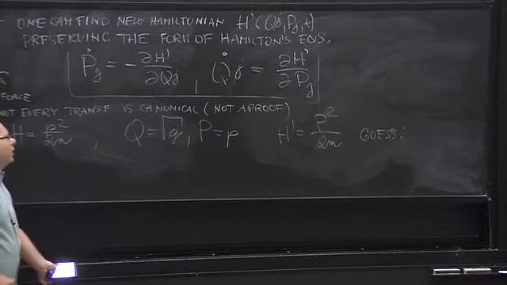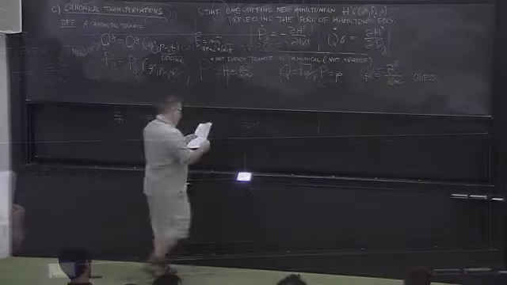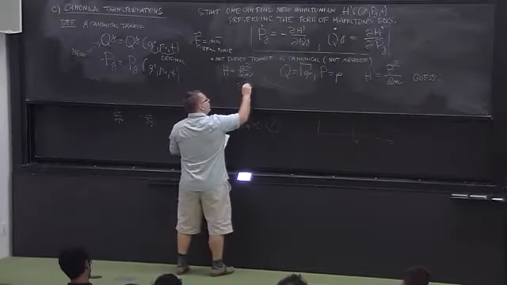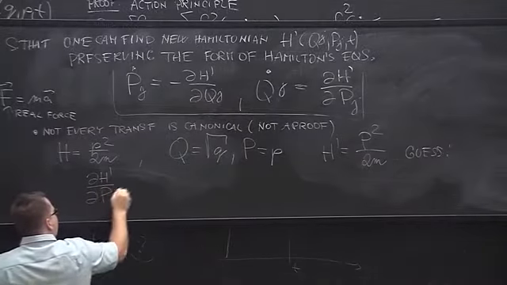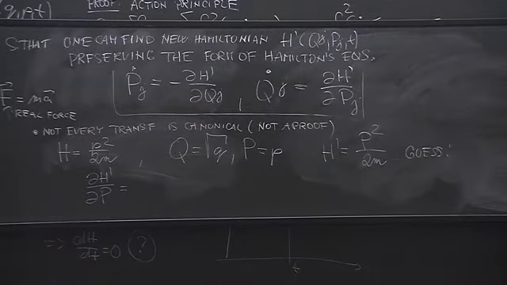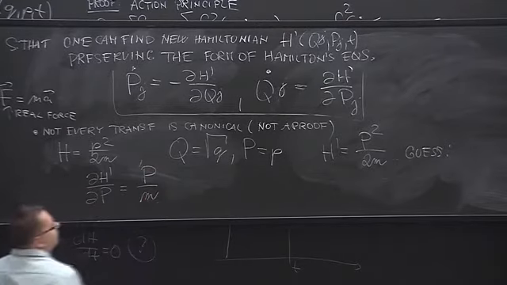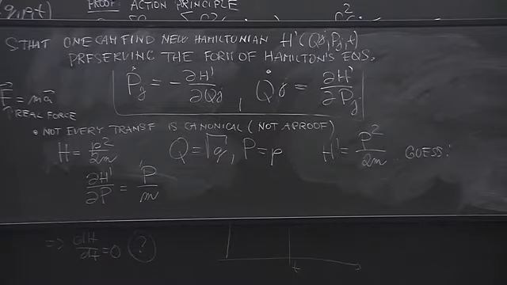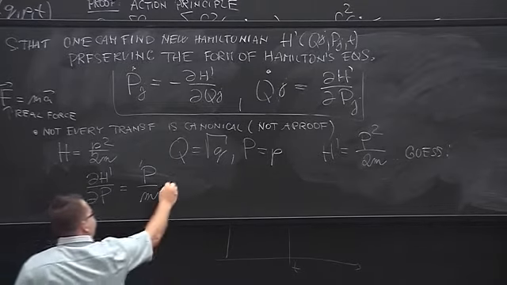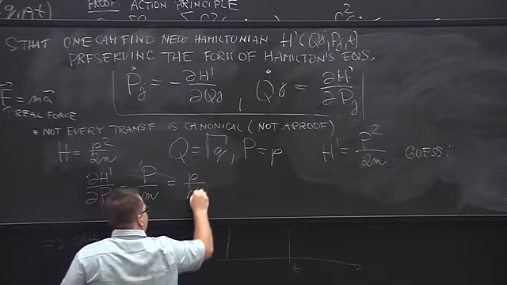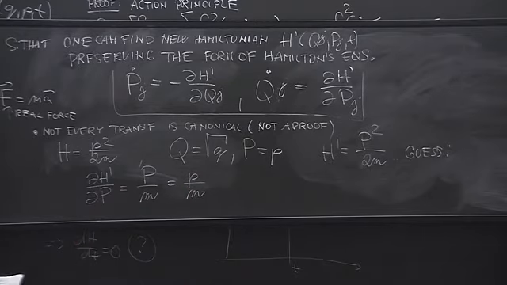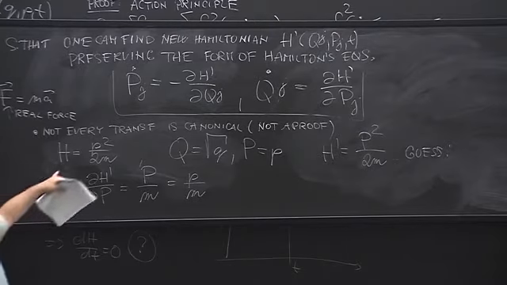Okay, so then you can calculate what dH prime over dP is. dH prime over dP is, well, it's capital P over M, which is small p over M. But small p over M is just dH original over dP.